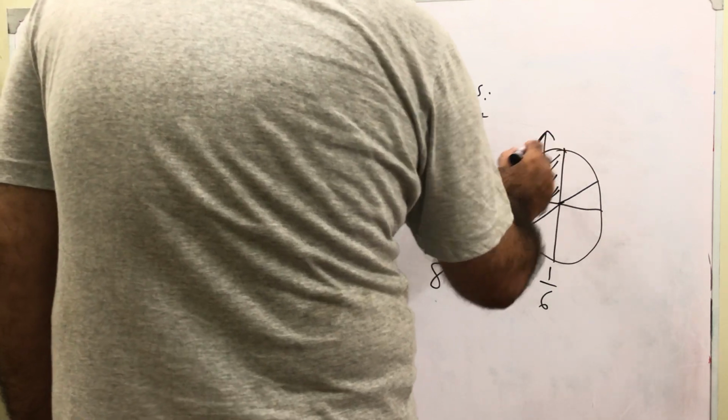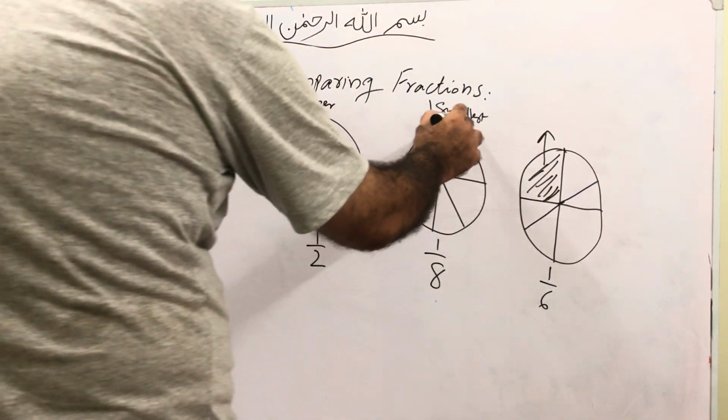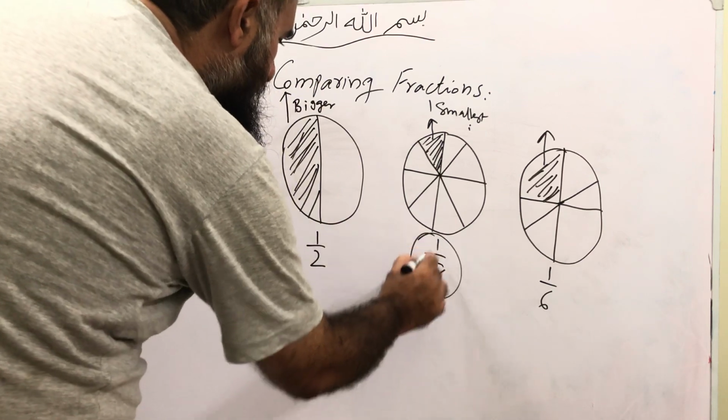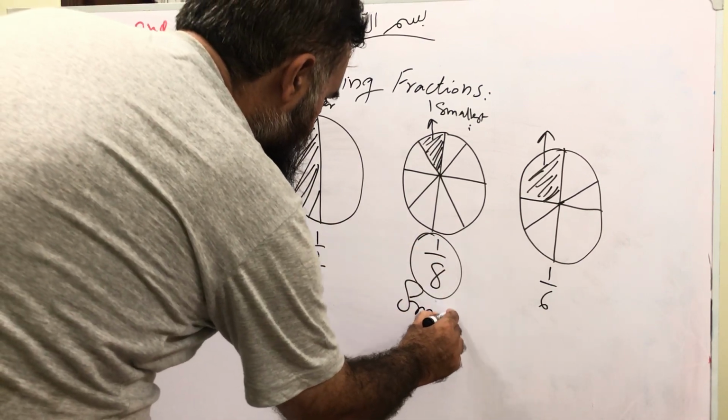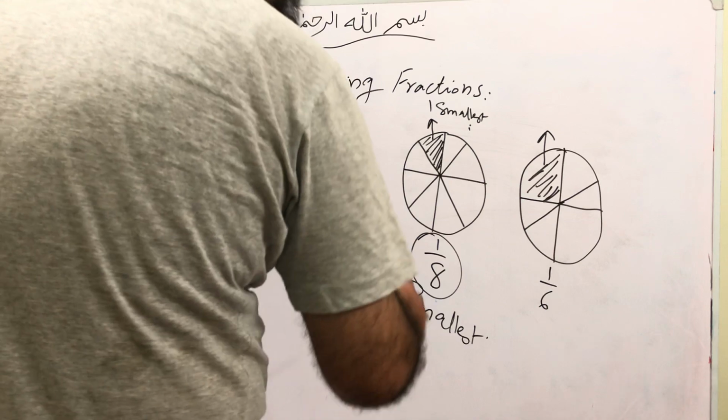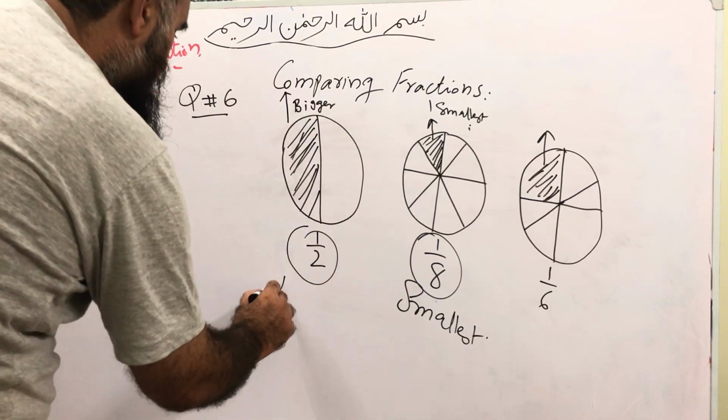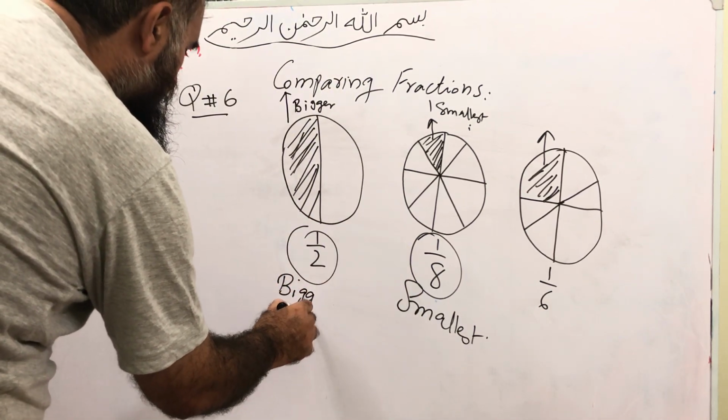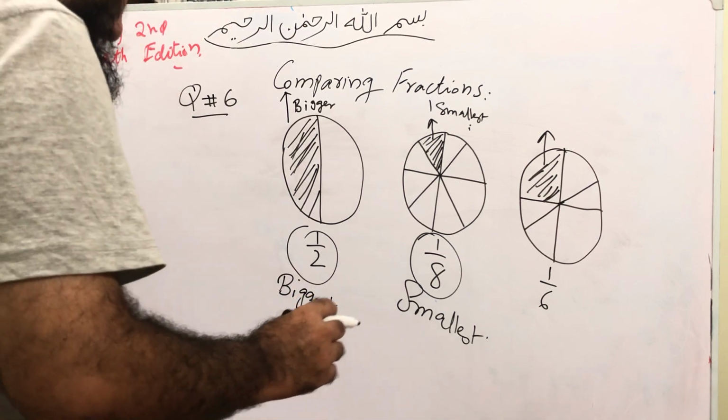So this one is smallest, and this one is biggest, because there are only 2 parts.